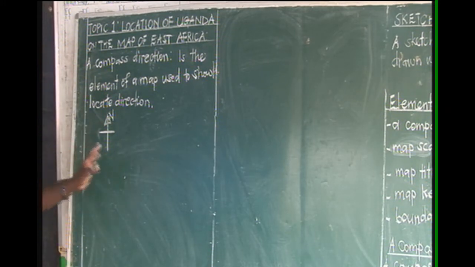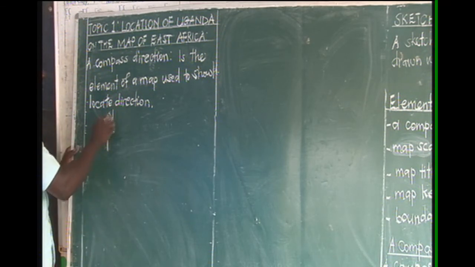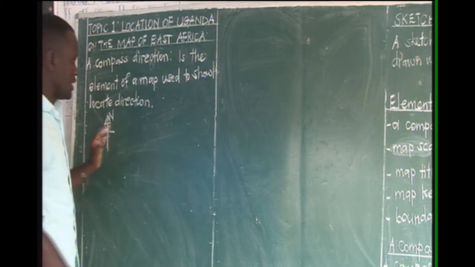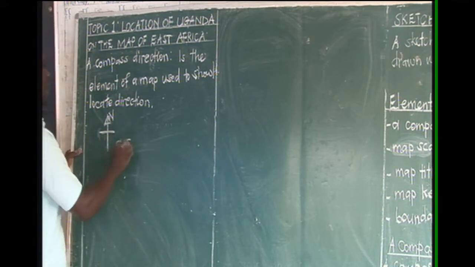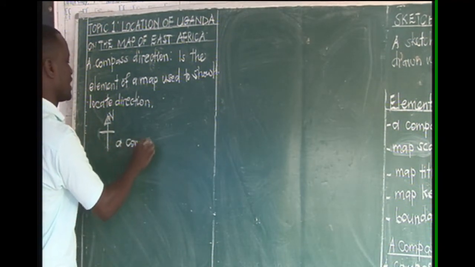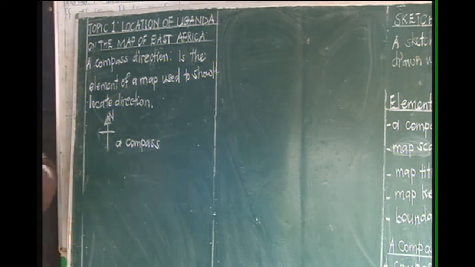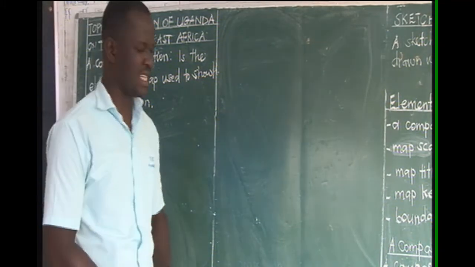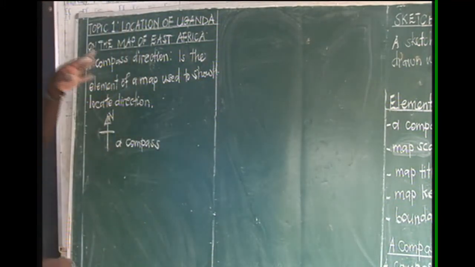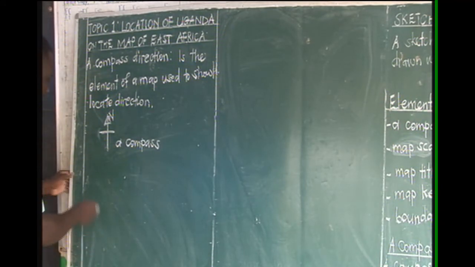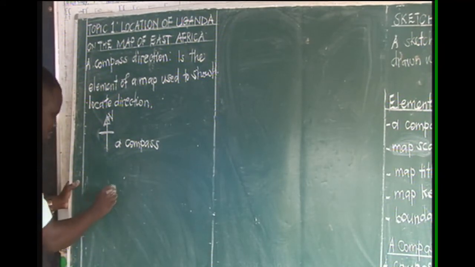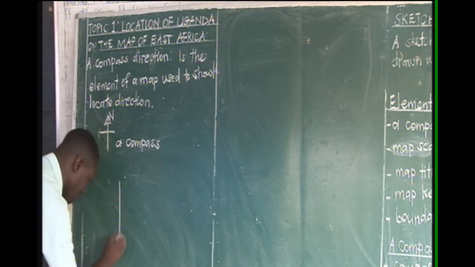That is what you also need to remember. When at rest, the compass needle always points to the north. This one is for a compass. It is a symbol for a compass. Then we have the compass direction, which is an element of a map used to show directions. That is the one that we draw.